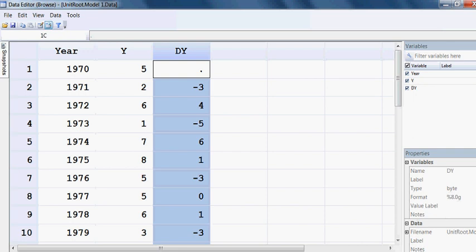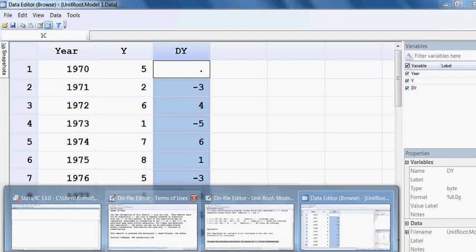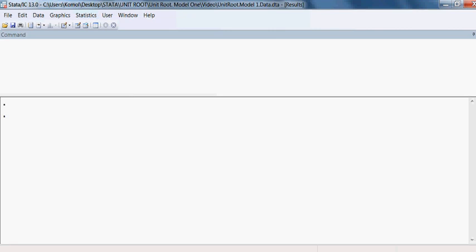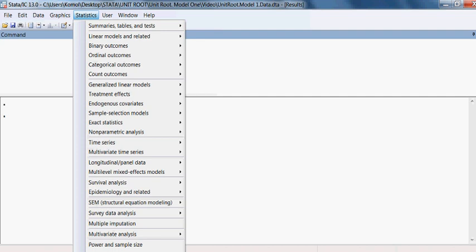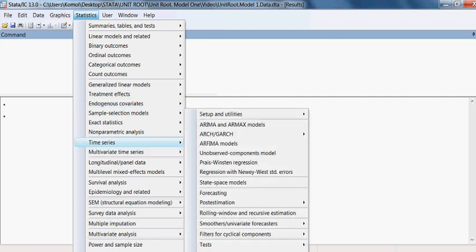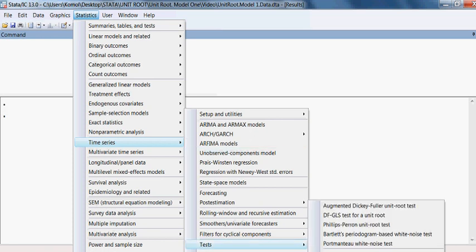Okay, so we can check now using statistics. I go to statistics, I click on statistics, then click on time series, then click on tests, then click on augmented Dickey-Fuller unit root test.